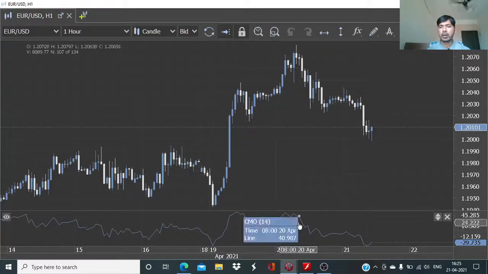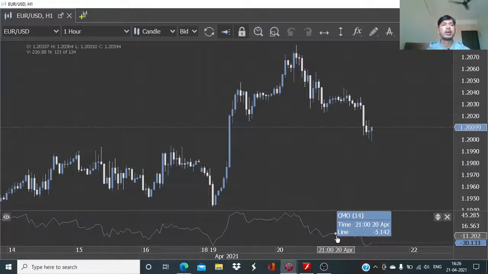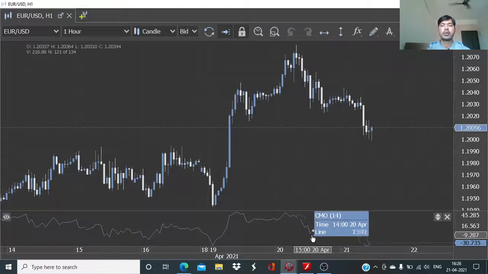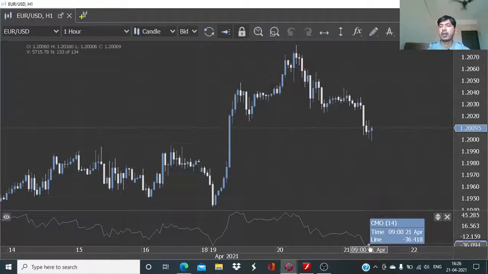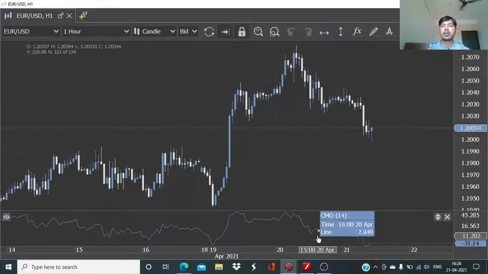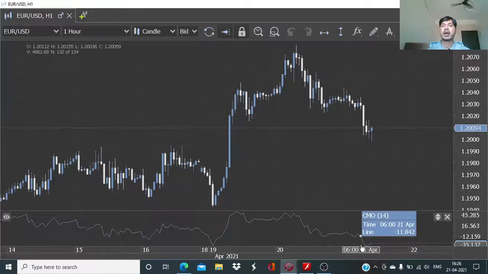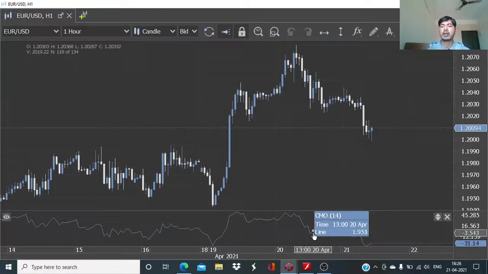This is a CMO graph with the default period of 14, and as you can see, we use this indicator to look at the trend, and right now the trend is bearish, so we have the CMO value below 0. It has been so for quite a while now, so it is showing that the underlying momentum is bearish, and this is the time to look for shorting opportunities.